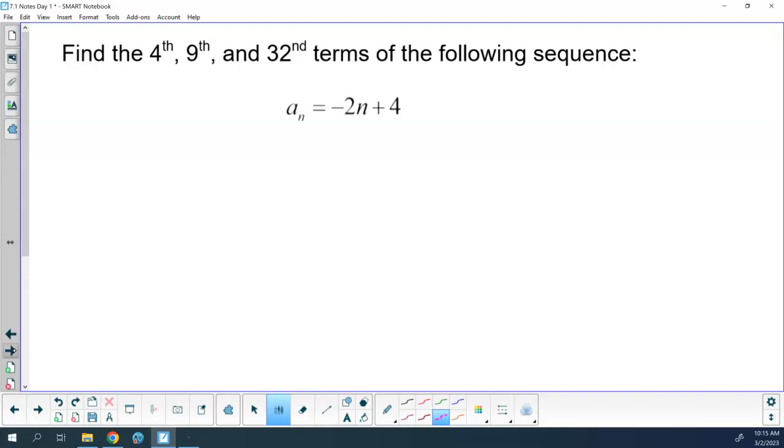Based off of that, you now find me the 4th, the 9th, and the 32nd term in that sequence. Negative 2 times 4 plus 4. Negative 2 times 4 is negative 8. Plus 4 is negative 4. I get negative 4 for the 4th term.